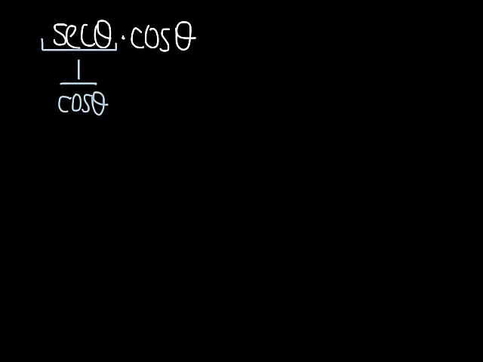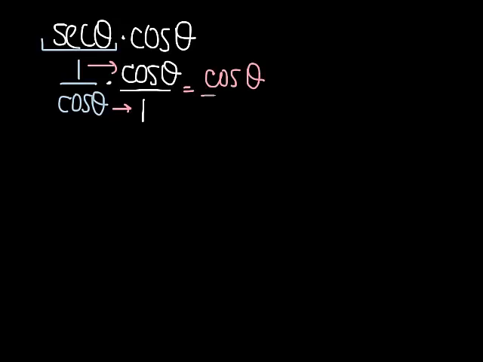So if I take 1 over cosine and I multiply by cosine, let's multiply straight across. So we're going to get cosine theta over cosine theta, which reduces to 1. That's great. So that means that secant theta times cosine theta simplifies to the number 1.